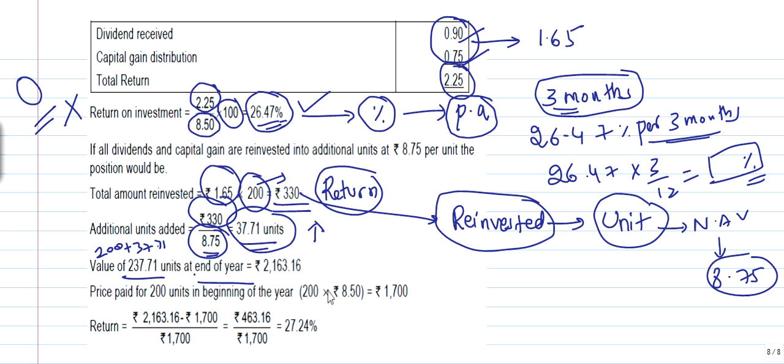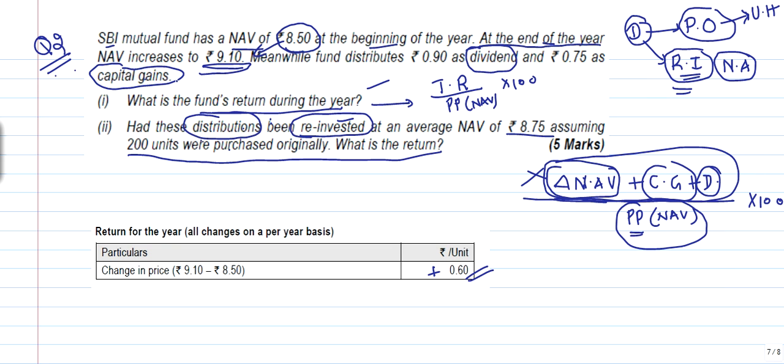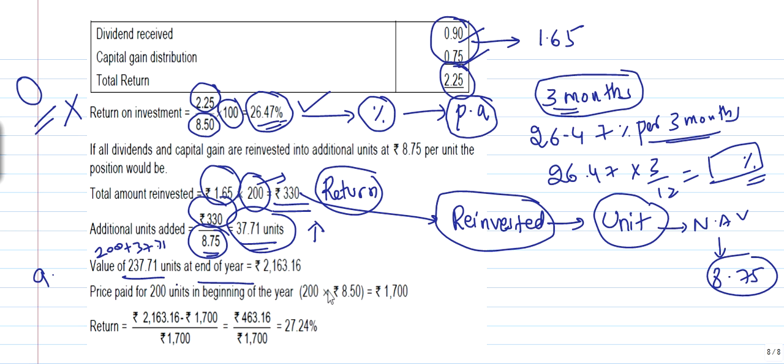So what is the unit price? 9.10, correct? 9.10 closing NAV. 237.71 into 9.1, you will get 2163.61.